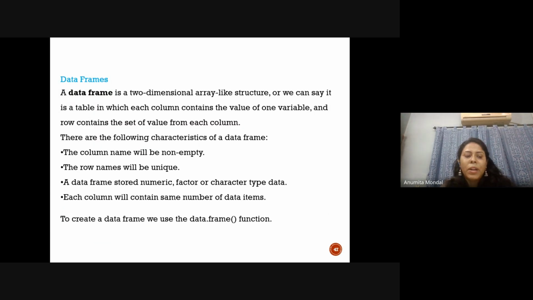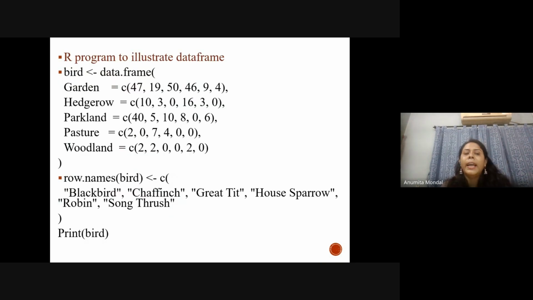Data frame. A data frame is another structure where we can store data by using the command data.frame. Here I have taken an example of birds. Suppose different types of birds are given, along with where the birds are found. In the data frame, I first write the garden, then the number of birds counted, and the location where the data was found, and then the row names, like which type of birds are seen in these positions, and then print the bird data.